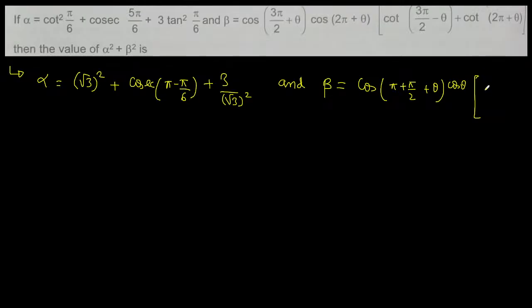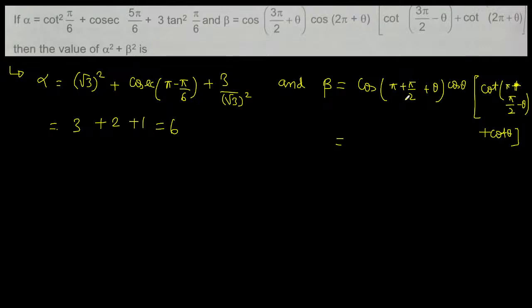It is better we write it as cot pi plus pi by 2 minus theta, plus cot theta. This one will go as 3 pi minus pi by 6, which is what? Positive. Cos 30 is 2, cos 30 is 2, this is 1, we got 6.